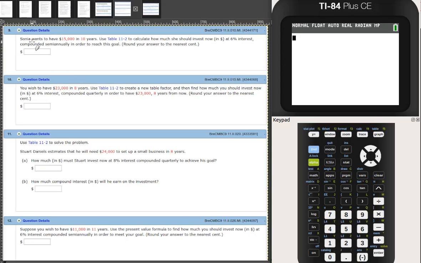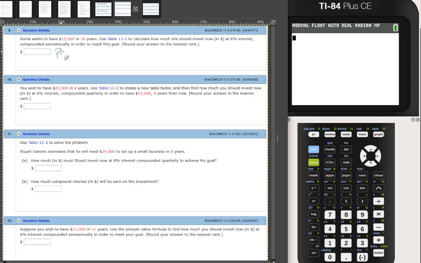And let's see, it says Sonia wants to have $15,000 in 10 years. So right now, she's about to invest some money and she wants it to be worth $15,000 10 years from now by getting all of the compound interest. It wants us to use table 11.2, which is talking about something called present value.